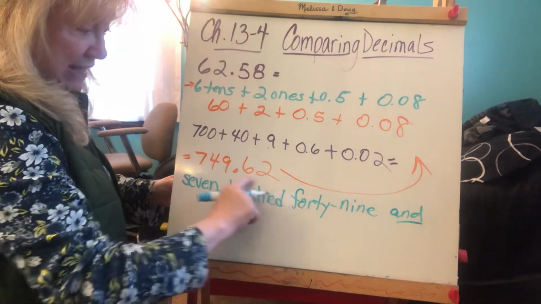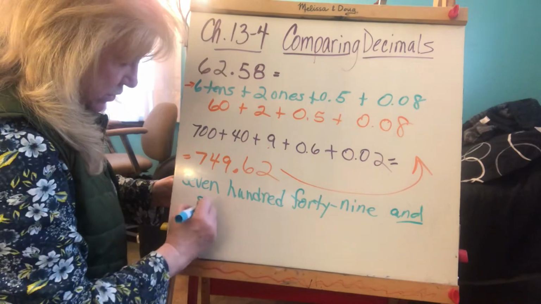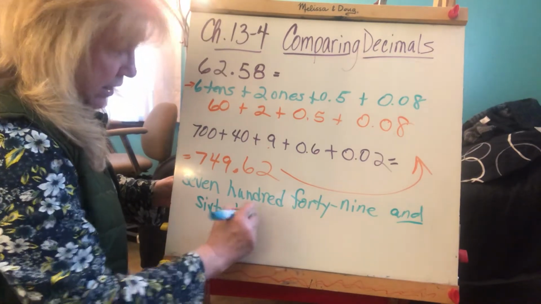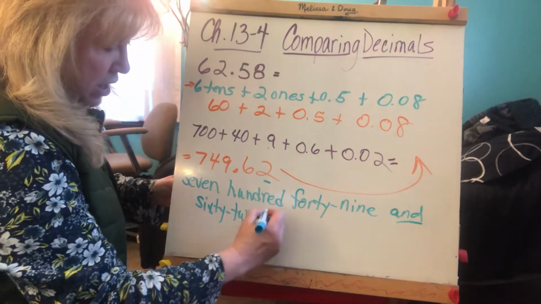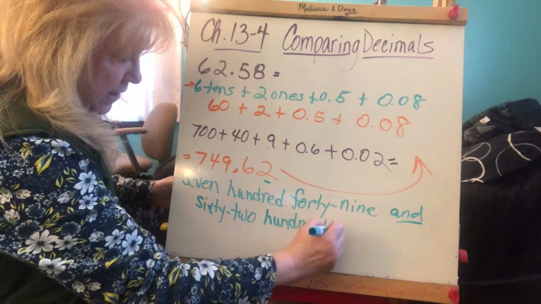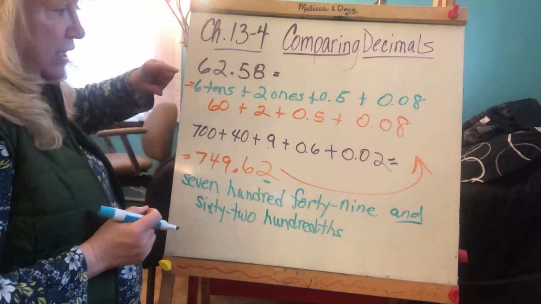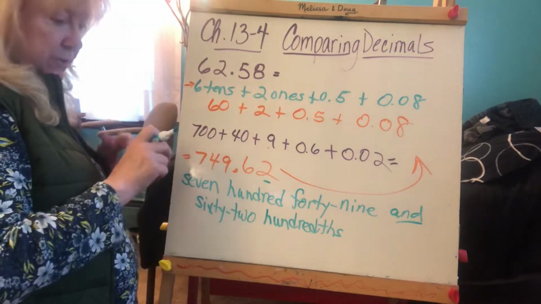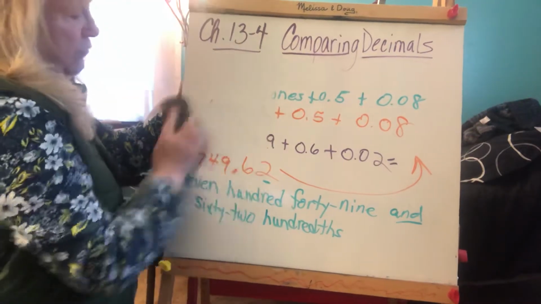Then you write the digits first. What number is this? It's 62. Sixty-two. 62 what? You take the last place value. Hundredths. Okay? And you could do it vice versa. If you were given the words, you could change it back to the numbers. Okay? All right. Now that's a review.